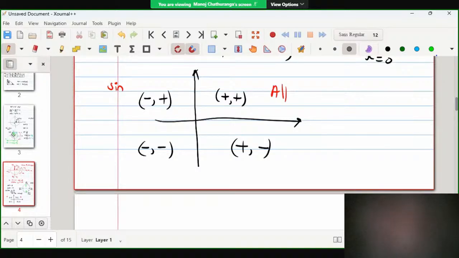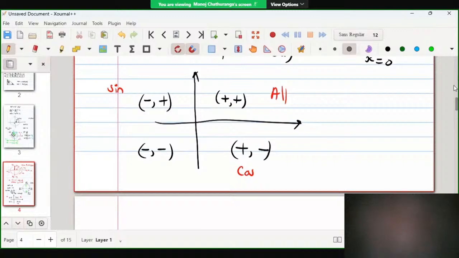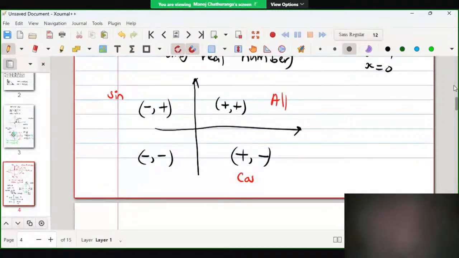In the fourth quadrant, cosine is positive. So this is how the algebraic sign changes across different quadrants.